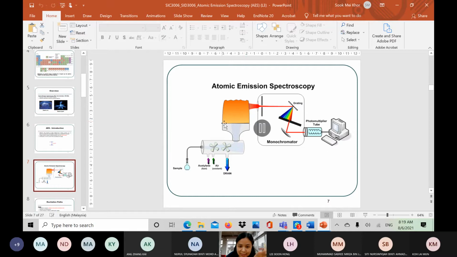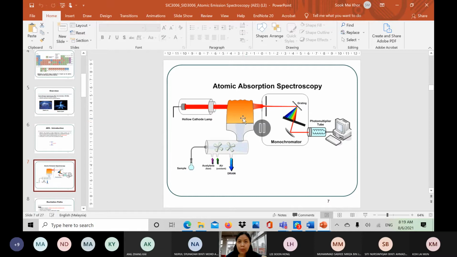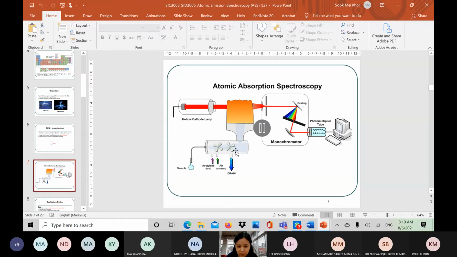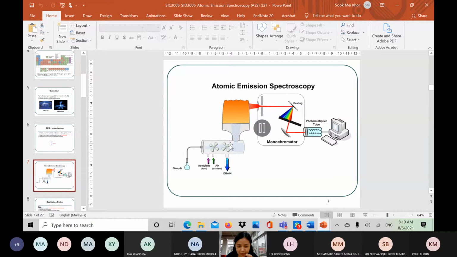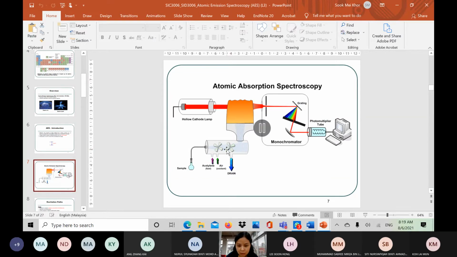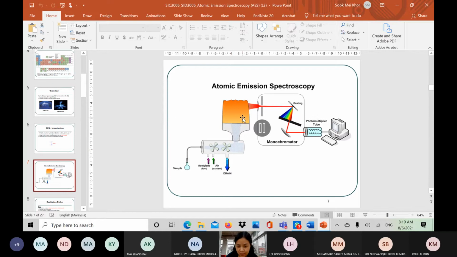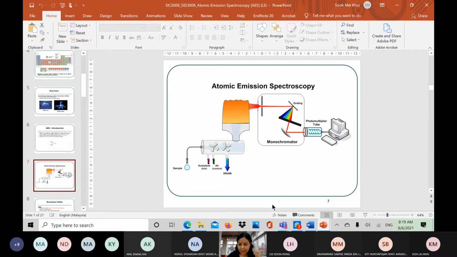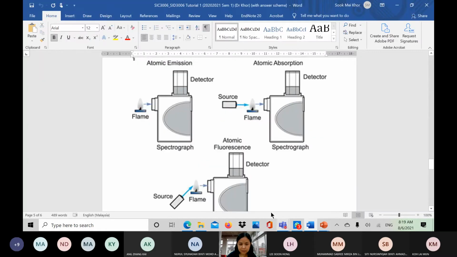So not only the temperature will affect the population of the excited state; starting from the sample introduction, we already have to count the aspiration rate, the flow rate of the sample introduction until it reaches the flame. All this will have an impact on the population of the excited atoms in AES.